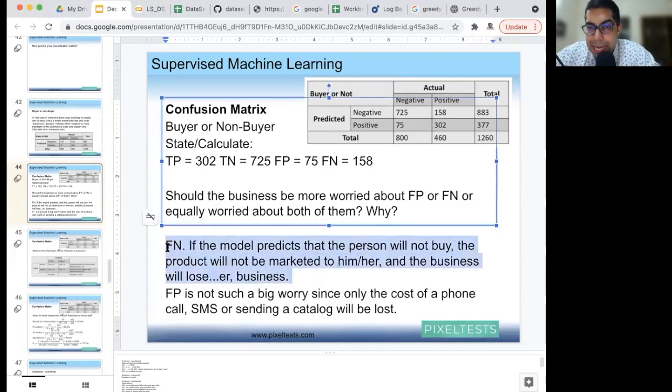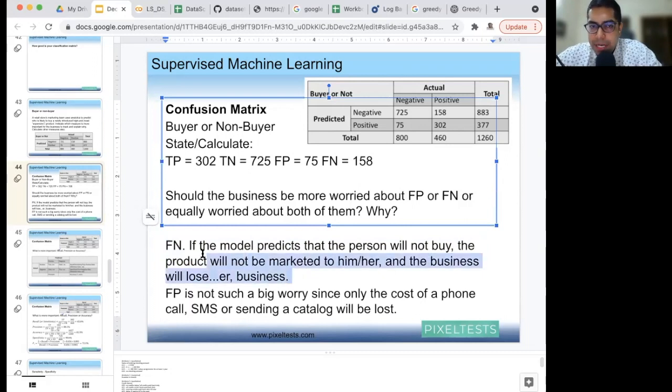So for the marketing department, FN is the most important, right? Because if a model predicts that the person will not buy, the product will not be marketed, and the business will lose more business, more customers, right?